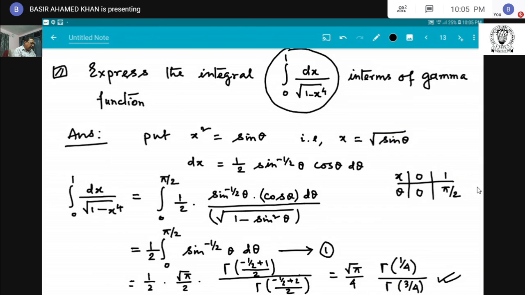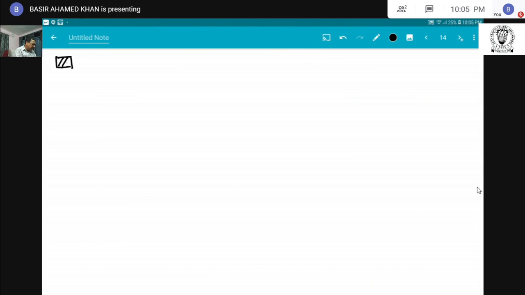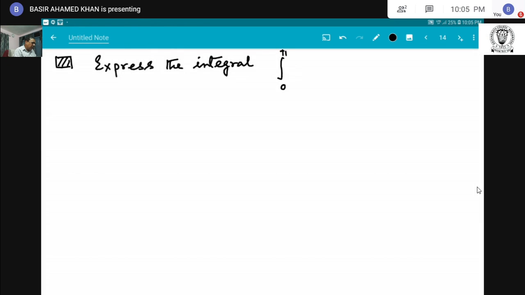Now another example. Express the integral from 0 to pi by 2 of root of tan theta d theta in terms of gamma function.